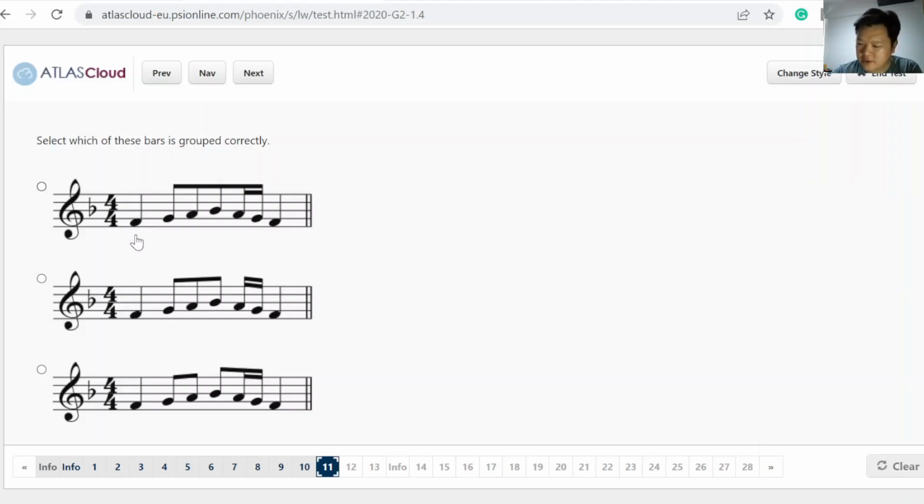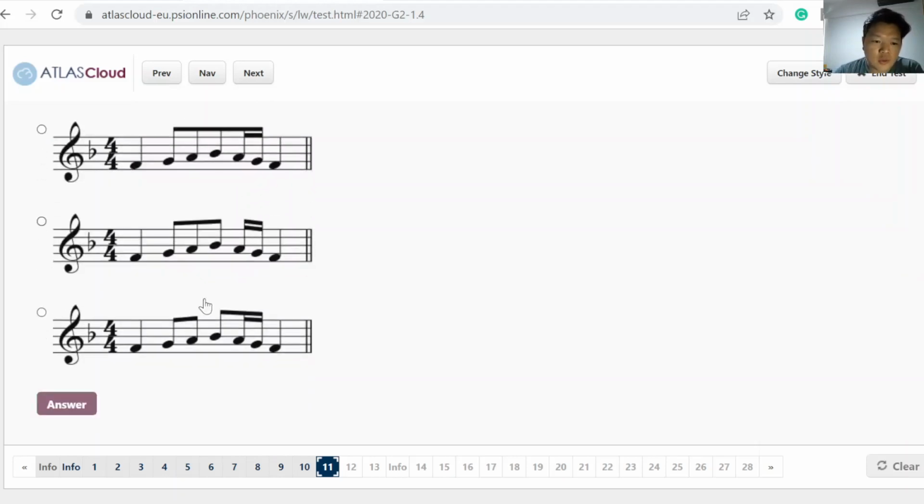Then there's a half beat here, and then there's the half, half, half, half here. So the grouping is wrong. I mean, you cannot group this all together. So all have to be 1, 1, 1, 1. So you can look at question number 3 here. This is 1, half half is 1, then all this is 1. Yeah, your answer is this one.